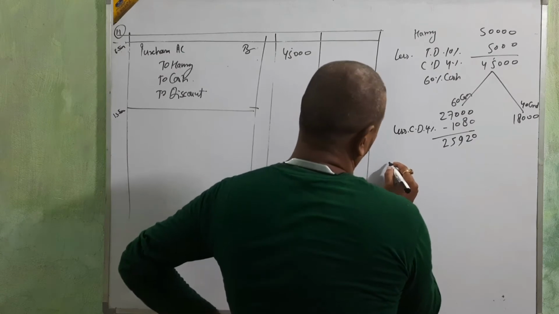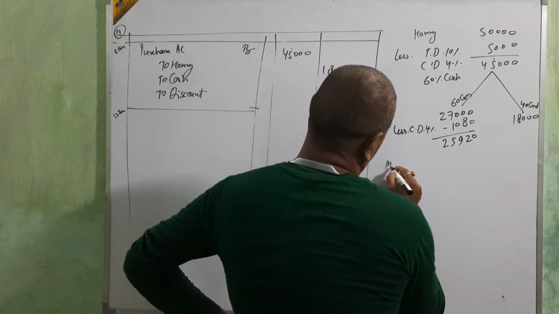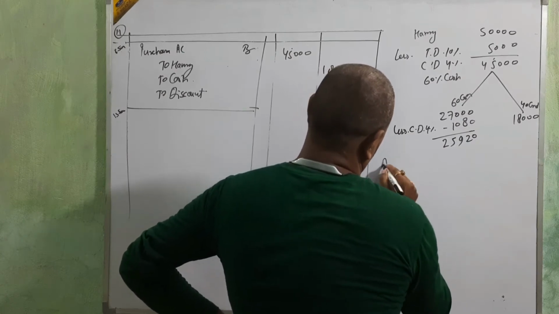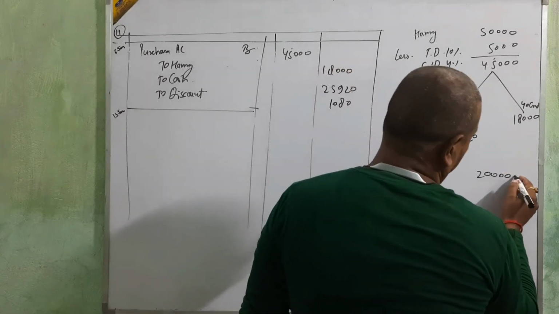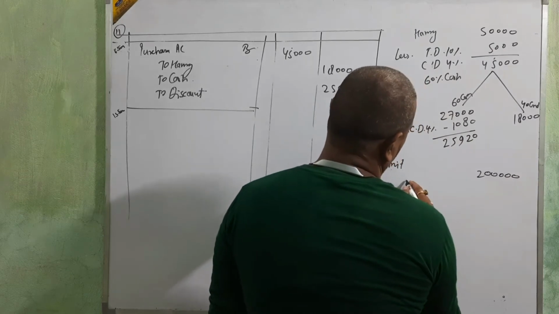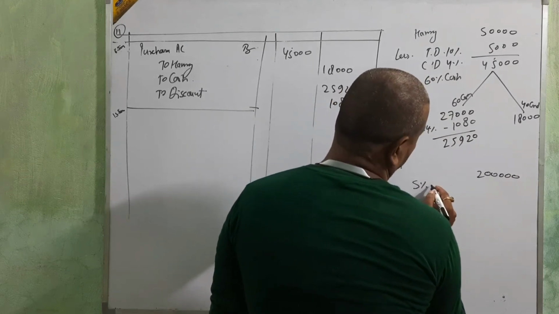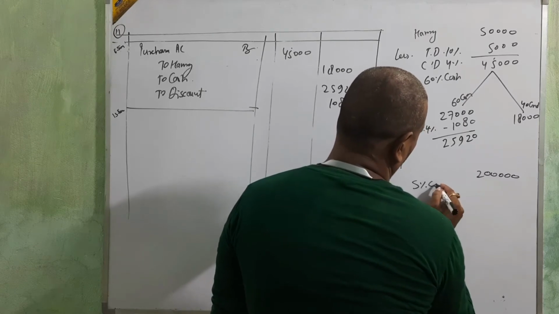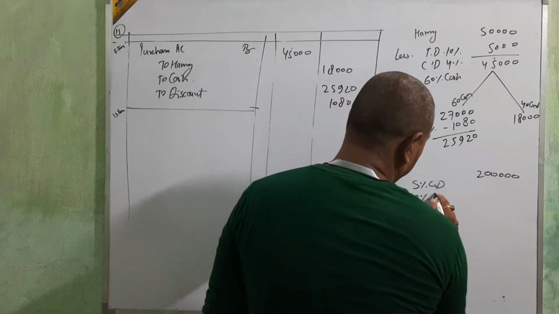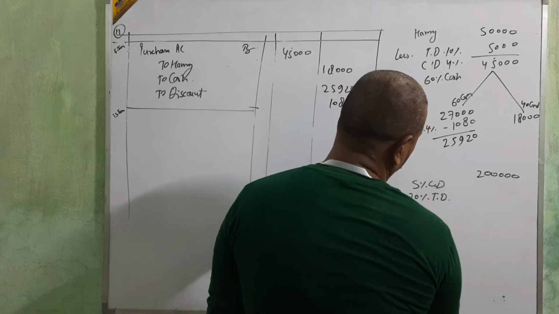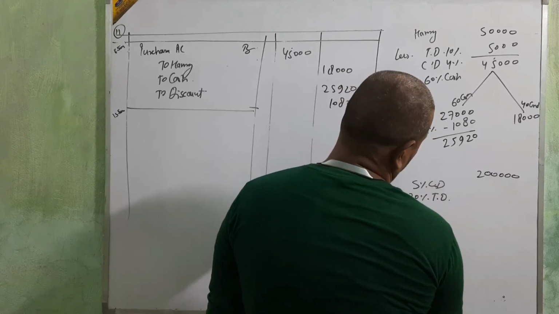Bought goods from Amit for 2 lakh at terms of 5% cash discount and 20% trade discount. And paid 3/4 of the amount in cash.